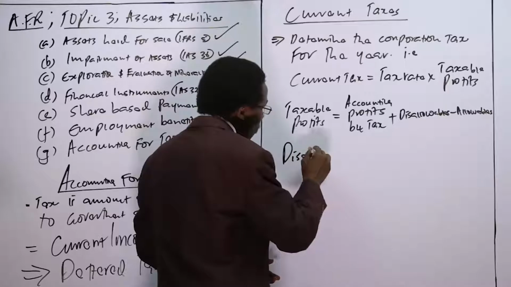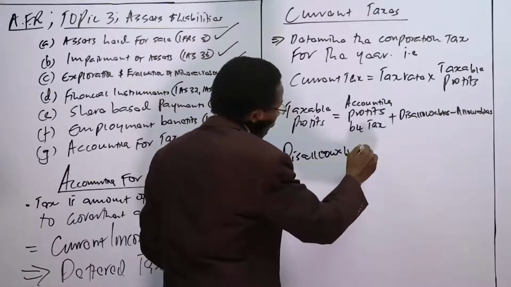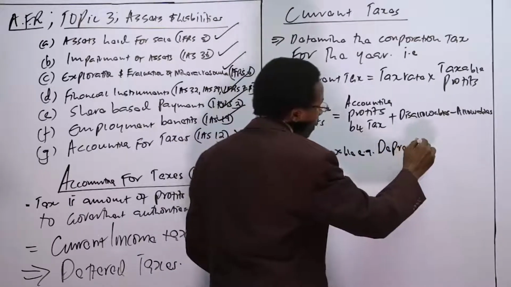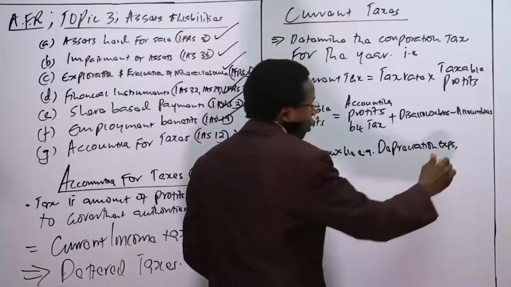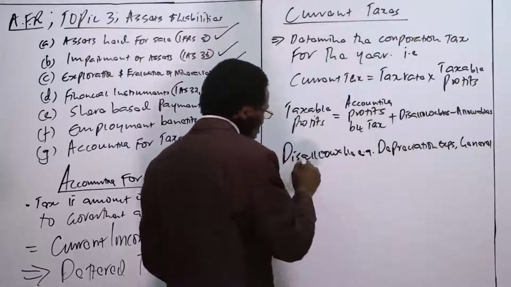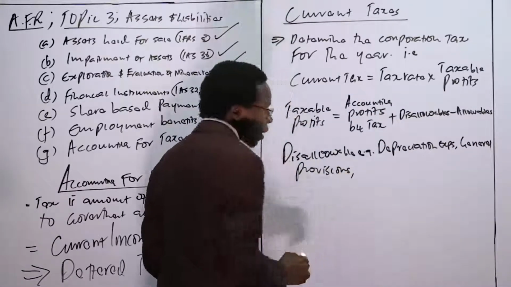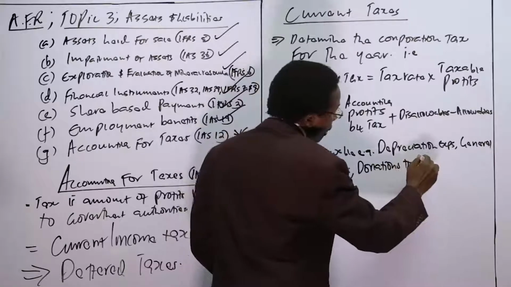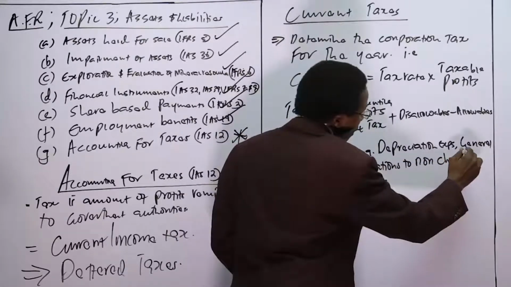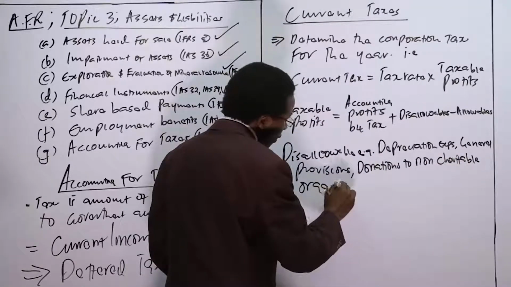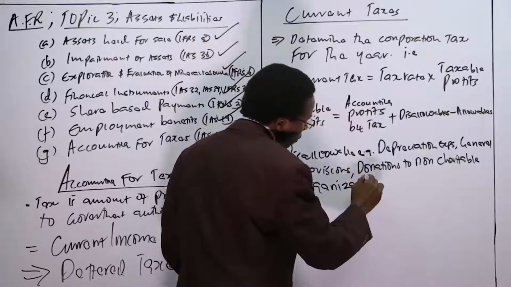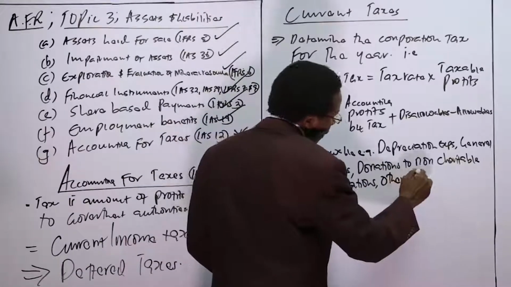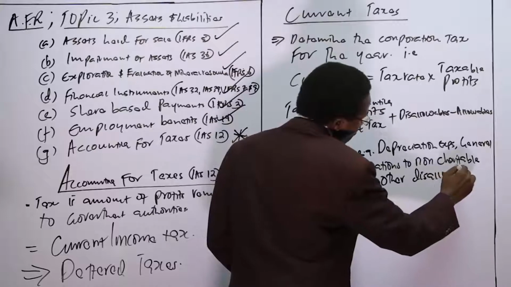Let me say disallowables are, for example, depreciation expense, general provisions, items like donations to non-charitable organizations, and other disallowable expenses.